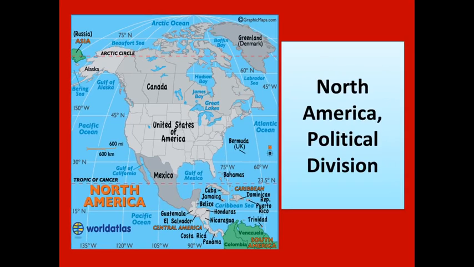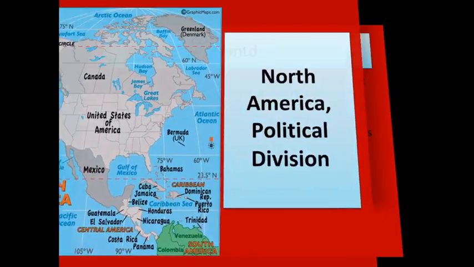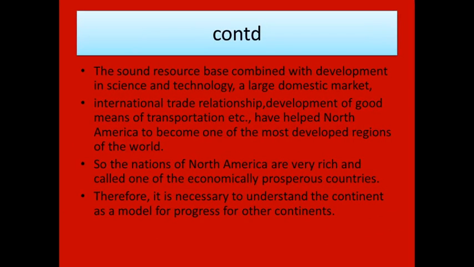Here you can see the map of North America political division. Children, carefully observe it and note down the important places which are given in your textbooks. Let me continue.